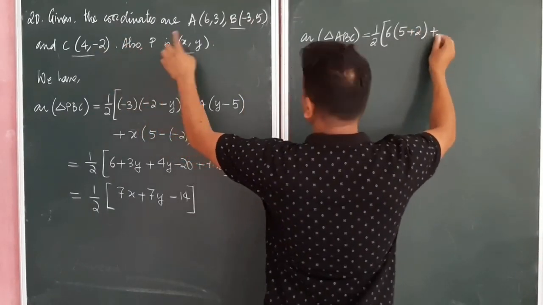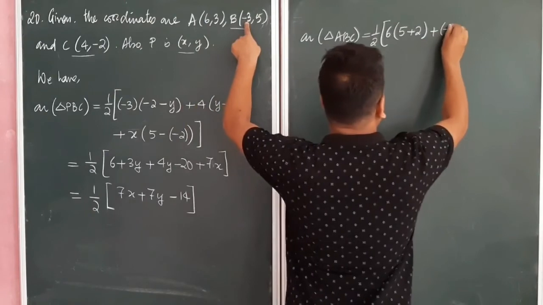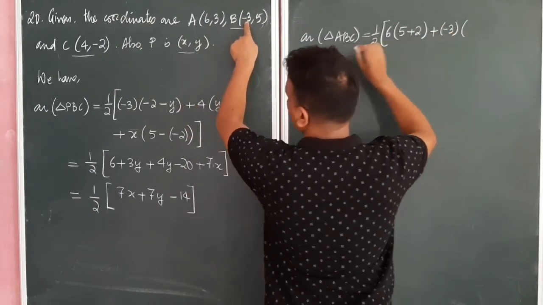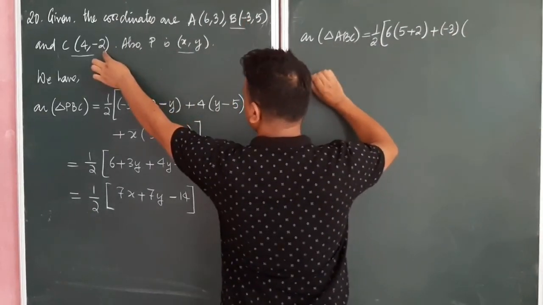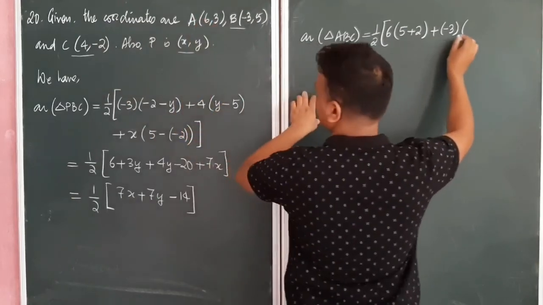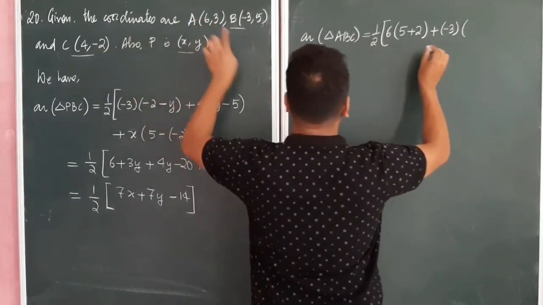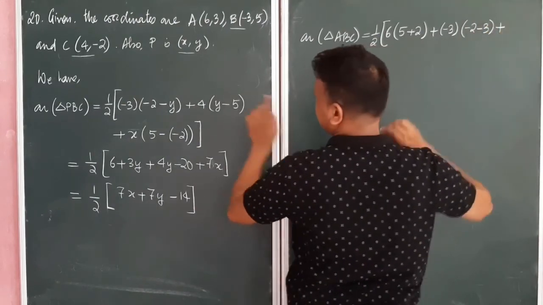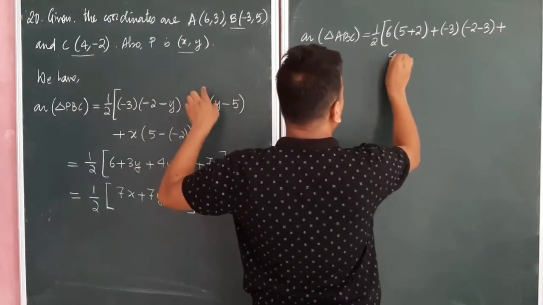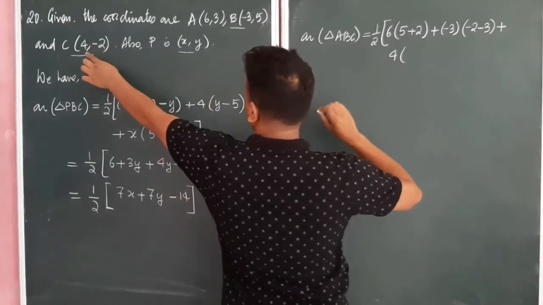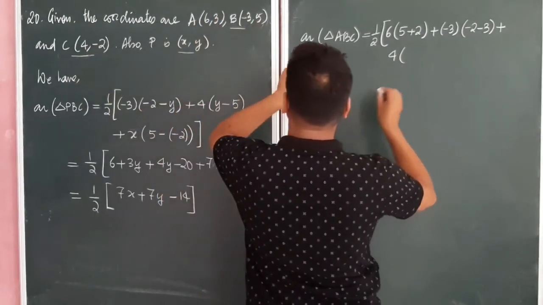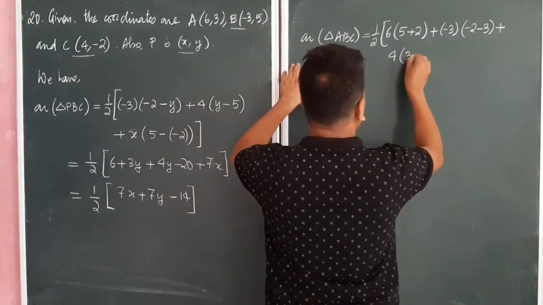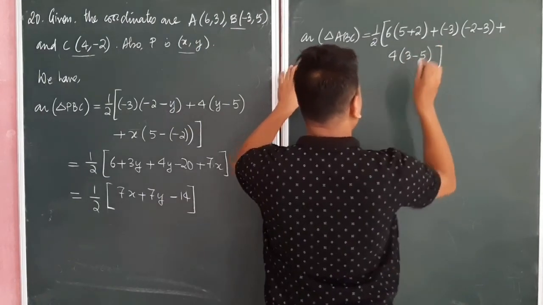Plus x2 into y3, that is minus 2 minus 3, minus 3. Plus x3 is 4, so 4 into y1 minus y2, so we have 3 minus 5.